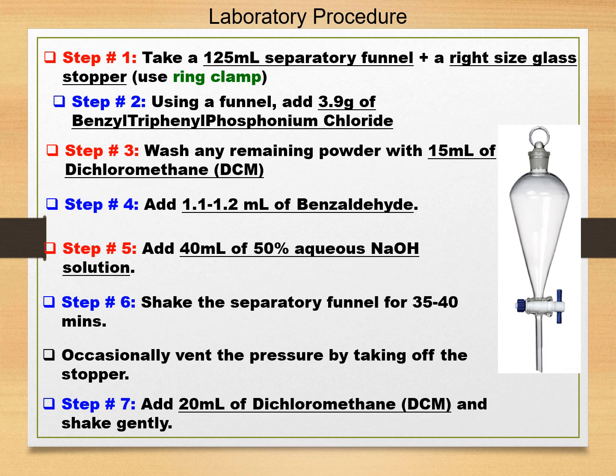So to start, we add 3.9 grams of benzyl triphenyl phosphonium chloride into the separatory funnel, and when we add, we may have some powder stick on the way in the separatory funnel, and we can wash it down with 50 milliliters of dichloromethane. And then we add 1.1 to 1.2 milliliters of benzaldehyde, followed by our alkaline solution, 40 milliliters of 50% sodium hydroxide.